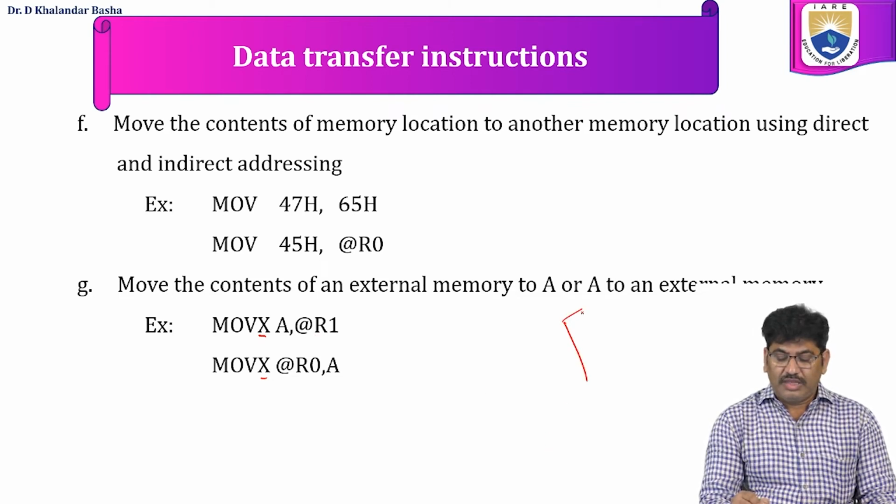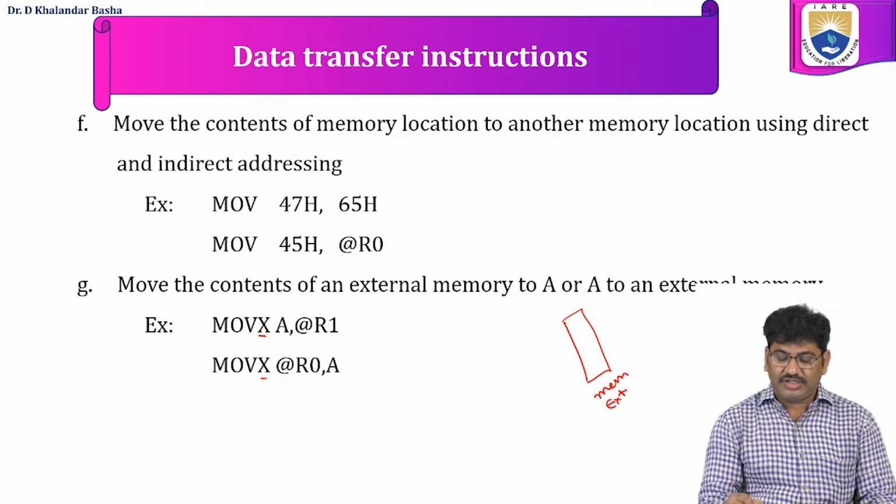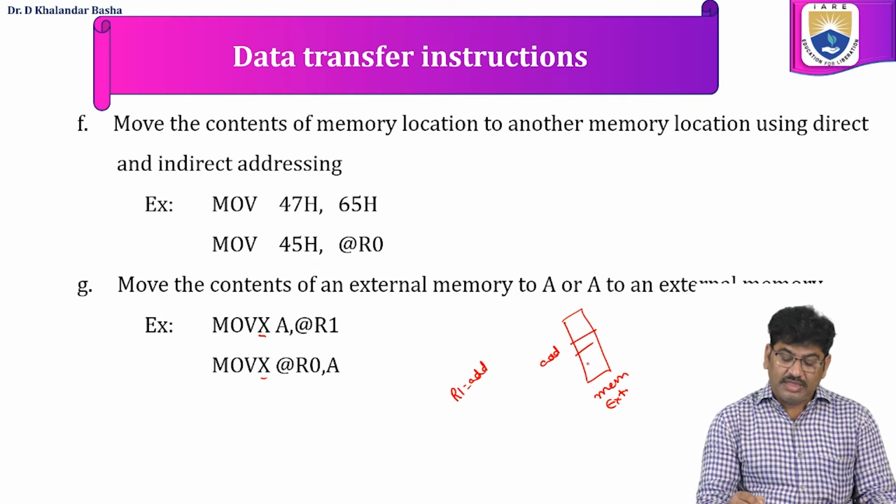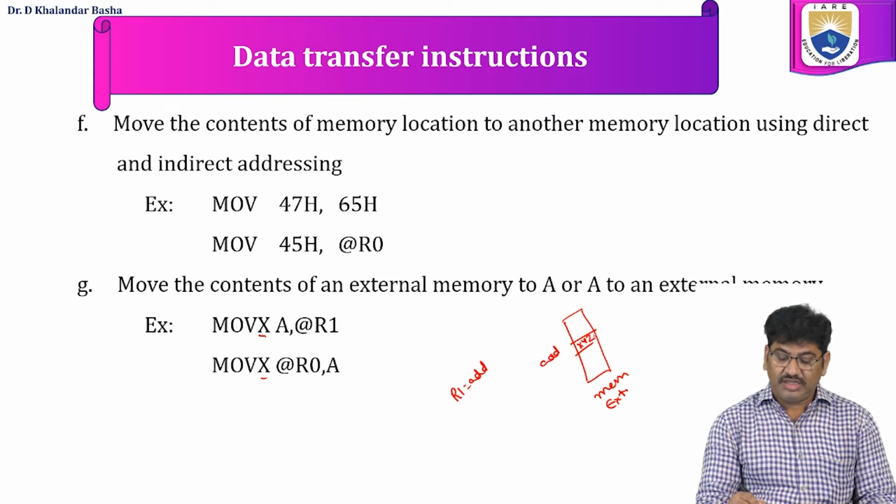Here the memory location which is external to the 8051, the address of this memory location, is loaded into the R1 register. The contents of the memory location specified in the R1 register will be loaded into the accumulator.